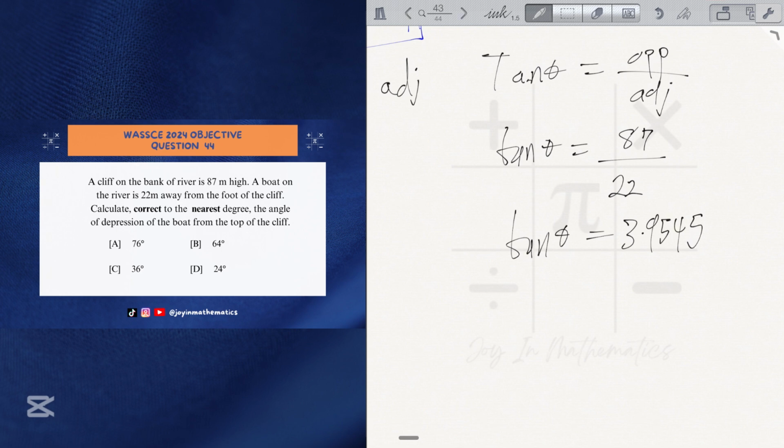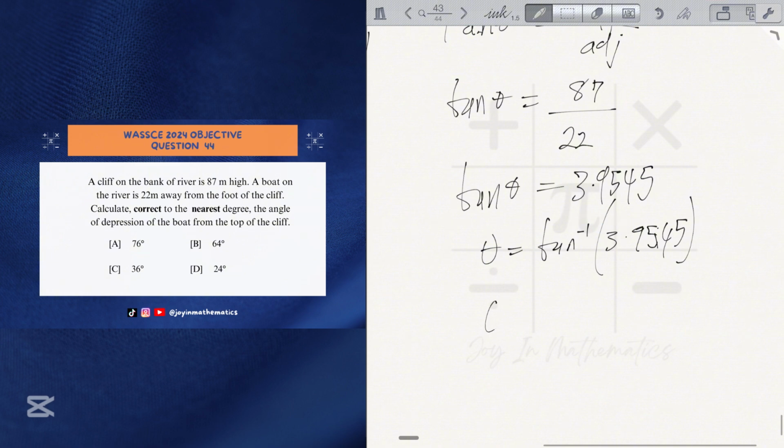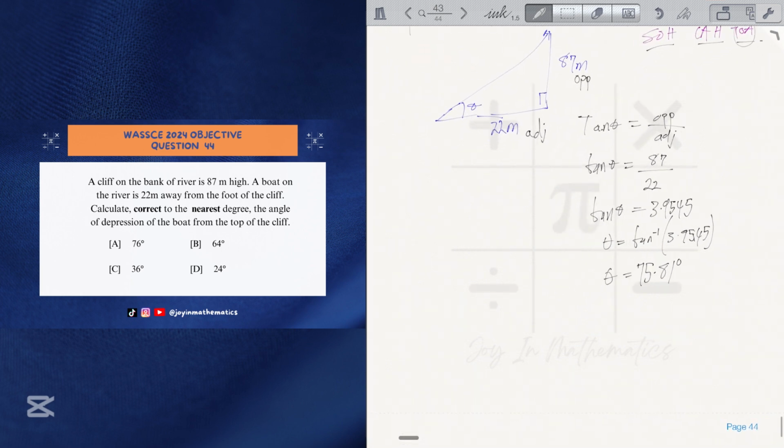With this, we can evaluate theta by using the inverse trigonometric function, arctan of 3.9545. You can use our calculator for this, and this will result in theta being equal to 75.81 degrees. Now if you look at the question, it says calculate to the nearest degree. So to the nearest degree, theta is approximately 76 degrees, which is option A.